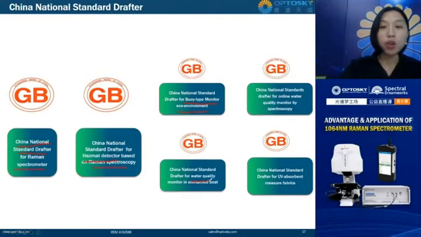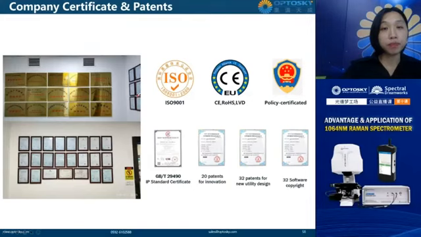And also we have water quality monitors for the unmanned boat, not to mention the online water quality monitor, and also UV absorbance measuring fabrics. All of these are China National Standard drafts verified by Opto Sky.